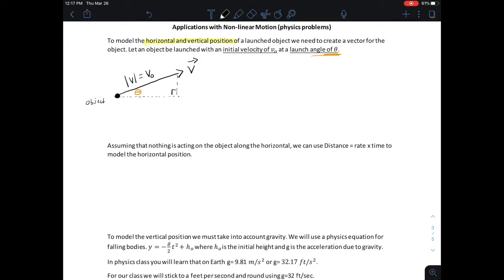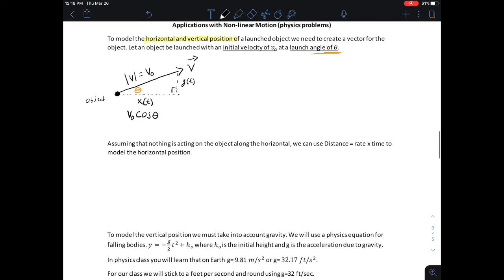Well, the horizontal component, which is the effect that it has in terms of its horizontal position if this object is moving, with nothing acting on it, is going to have an x component of initial velocity, magnitude of the vector, times cosine of the launch angle. And the vertical component, which I'm going to say y of t, can be represented the same way.